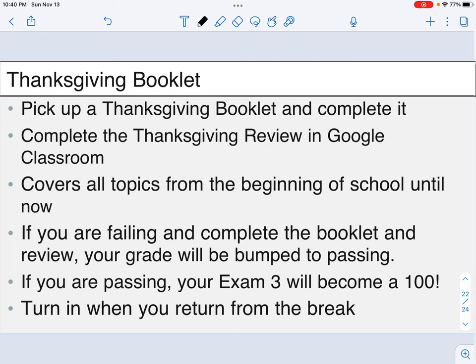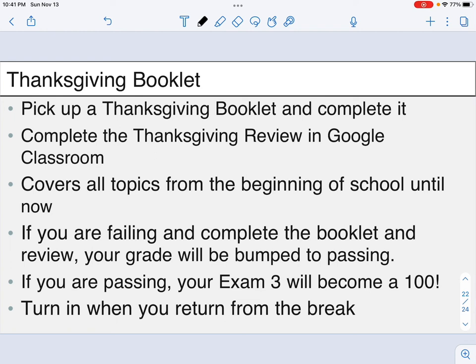And you can go to other assignments. You can go back to the previous classes this year and go on those Google Classrooms to help you fill out this packet, okay? It covers all topics from the beginning of school until now. So physical and chemical properties and changes, states of matter, so solids, liquids, and gases, pure substances and mixtures, okay? Modern atomic theory, so J.J. Thomson, John Dalton, Ernest Rutherford.